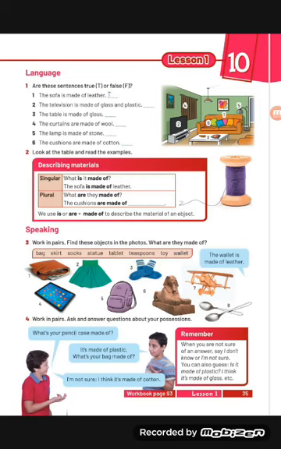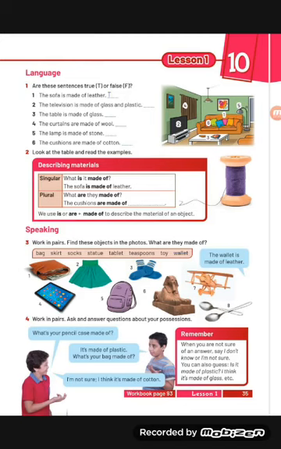Here you have to be careful with the use of made of and made from. Made of is used when the basic material we make the object from does not change. It remains the same.